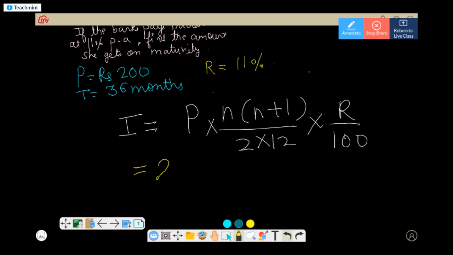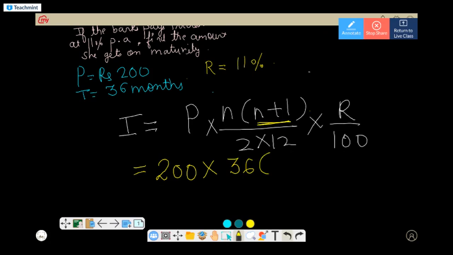P is how much? 200. Now, what is the value of n? What will you take n value as? Ma'am, 36. Correct. Because the last month till where she's going to pay, that is your n value. So 36, and inside the bracket you don't have to write 36 plus 1.